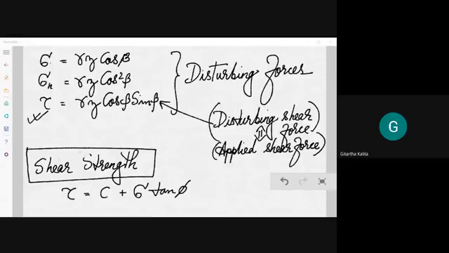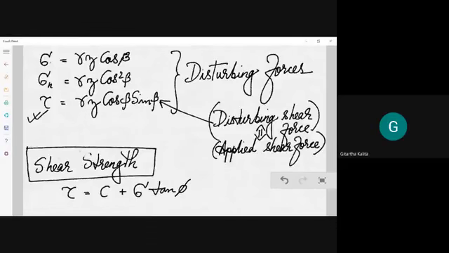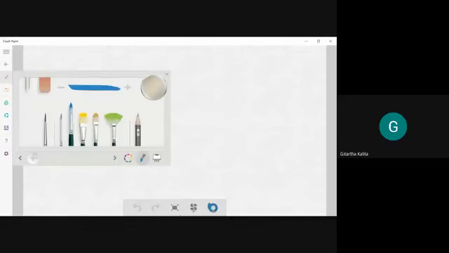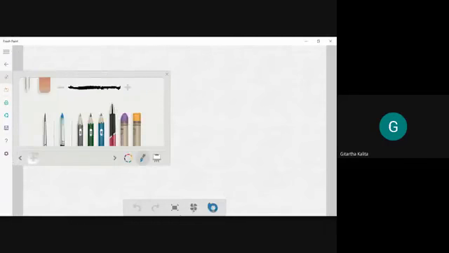So basically, this means that in a cohesive soil, there is a value of C which is equal to cohesion, the force of cohesion between the particles.